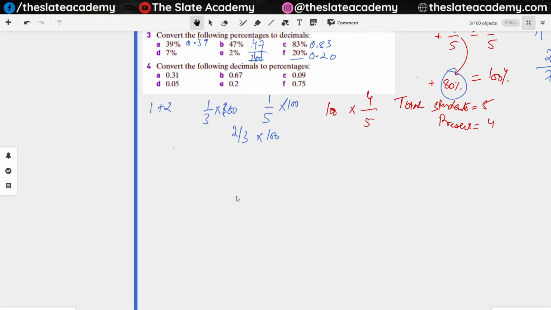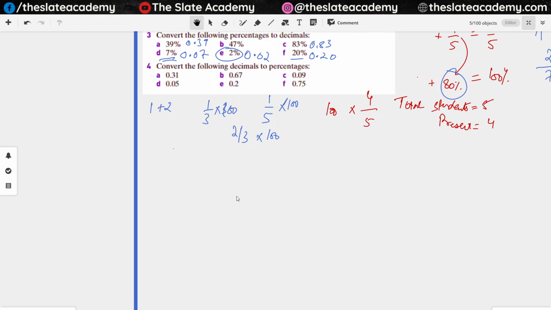What would be 2% in decimal form? Excellent. And what would be 7% in decimal? 0.07. Excellent. Okay, moving forward to the next question.